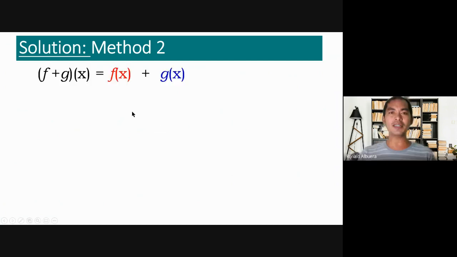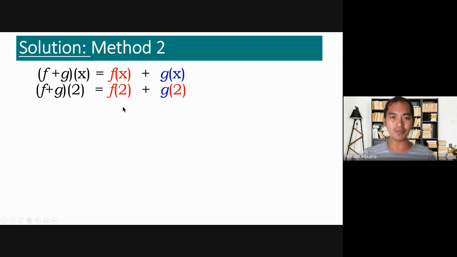Another method is you add first. Okay? Or you directly substitute or evaluate each function when x is equal to 2. Okay, so we have 4 times 2 minus 5, and for g, we have 2 squared plus 4. 4 times 2 is 8 minus 5. 2 squared is 2 times 2. 2 squared, it means you multiply 2, itong kulay pula, sa sarili niya.